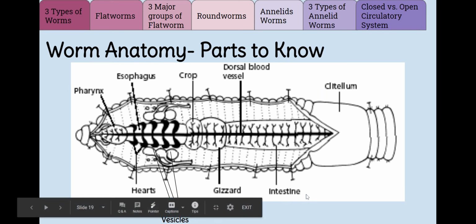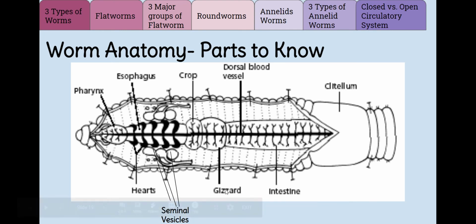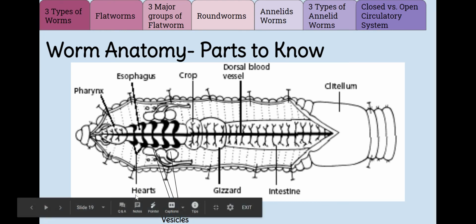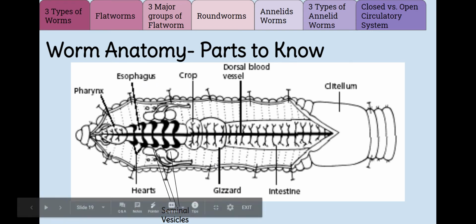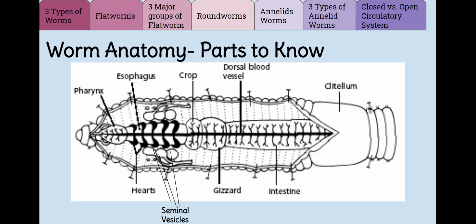You're going to see the intestine, a gizzard, seminal vesicles, hearts, a pharynx, esophagus, a crop, gizzard, dorsal blood vessels. And this place right here is where some of the reproductive organs are going to go, called the clitellum.